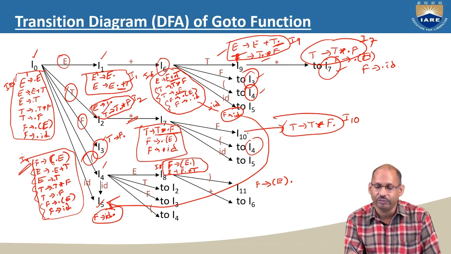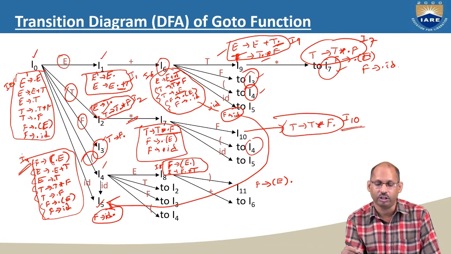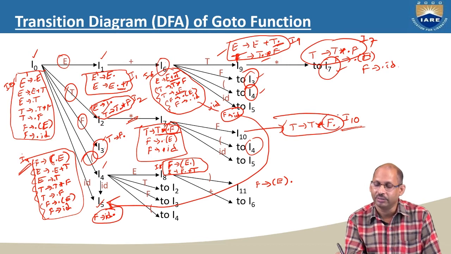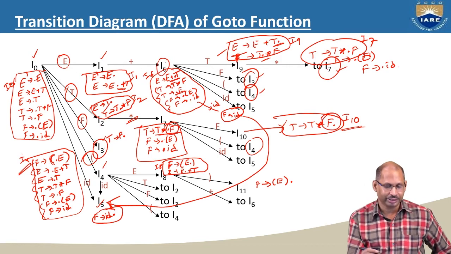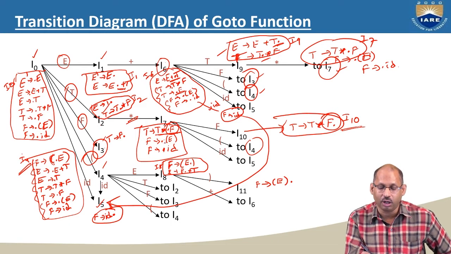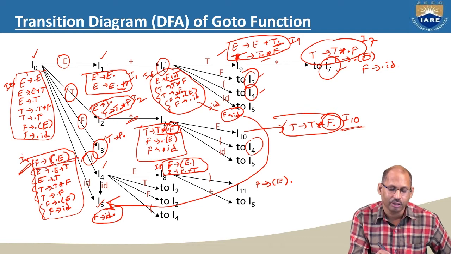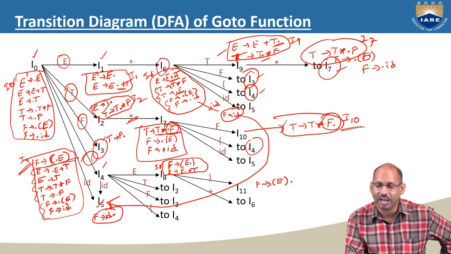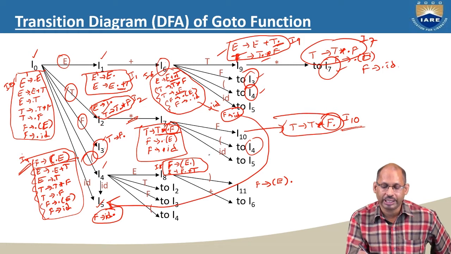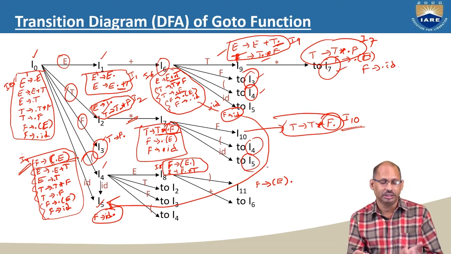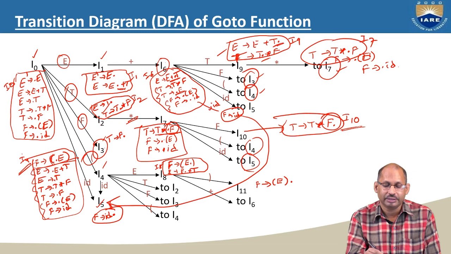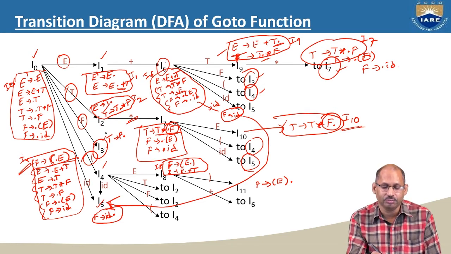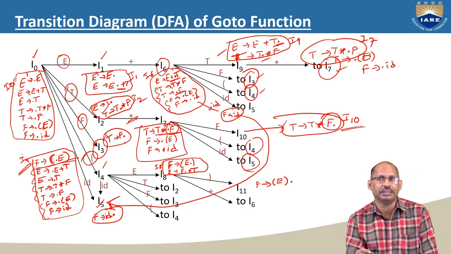I7 has dot before F, which means T → T * . F. Then the dot moves over F, giving F dot. That is the item. The left parenthesis is the same as I4, and .ID gives ID. the same I5. Then here the dot is at the end, so no more Goto operations.